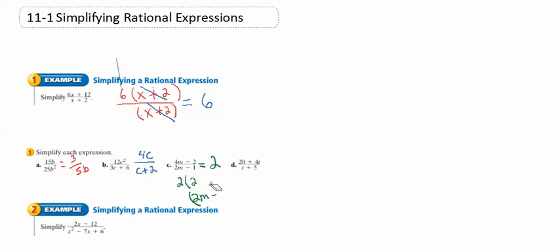I'm going to erase my work here. And the last one, again, I'm looking for what they have in common. Is there anything that the top has in common? I think it has a 4, because 4 times 5, and then plus 4 times t is 4t. And now at the bottom, I have t plus 5.